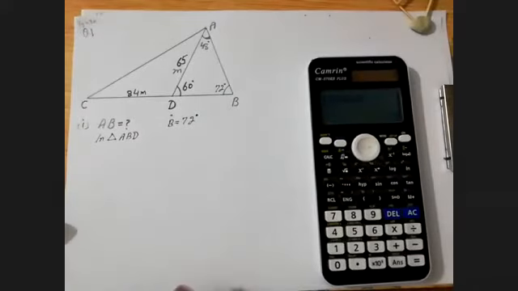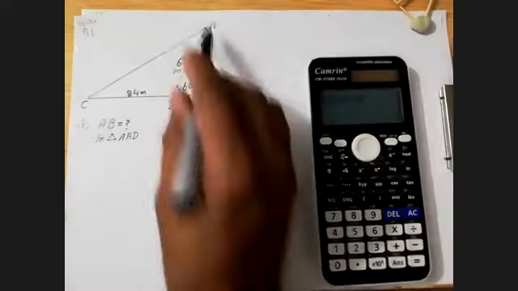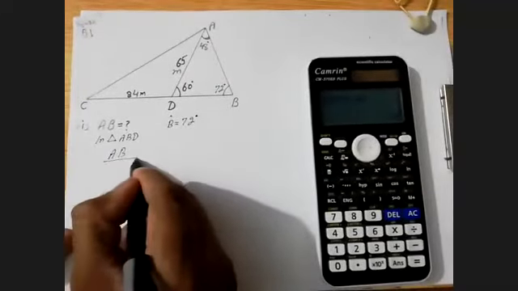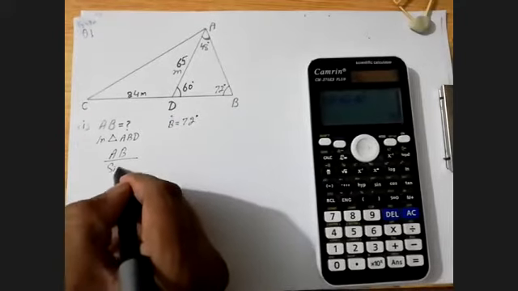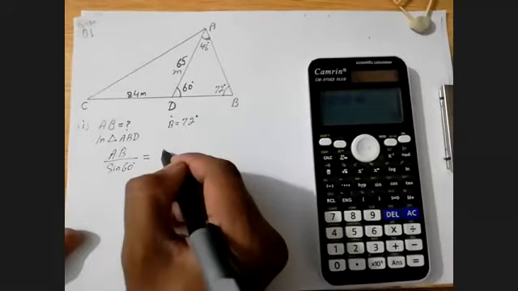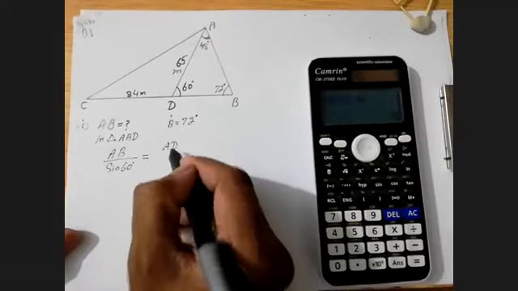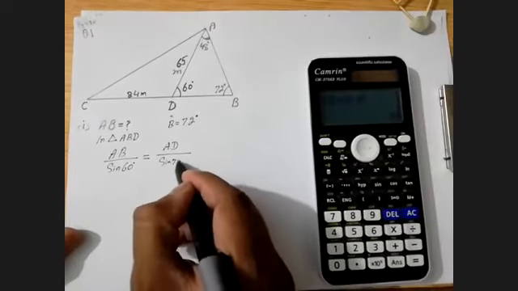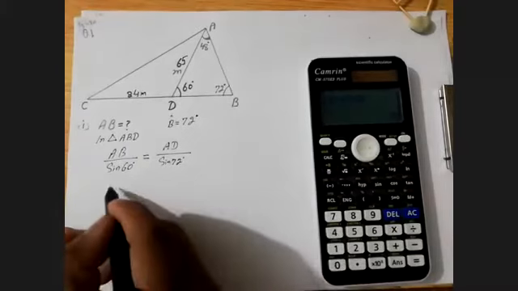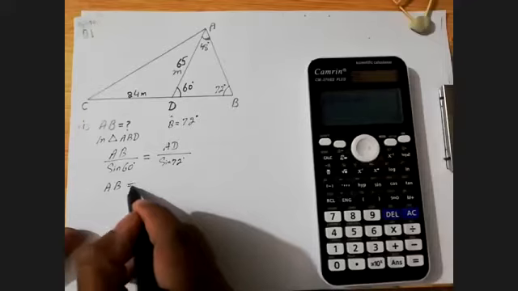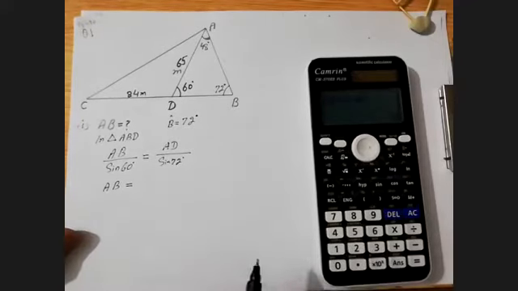Now we can apply the sine rule. The side AB over sine 60 is equal to the side AD over sine 72 degrees. So from here, AB is equal to, after calculating this, we may get the answer.